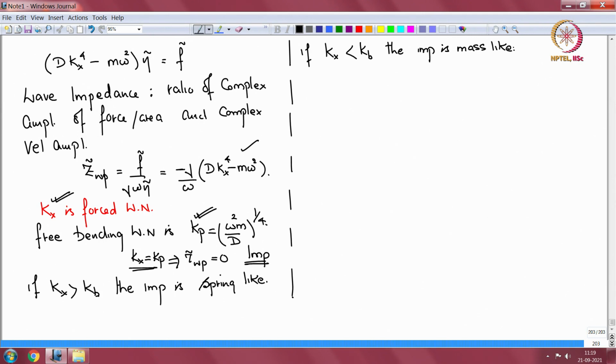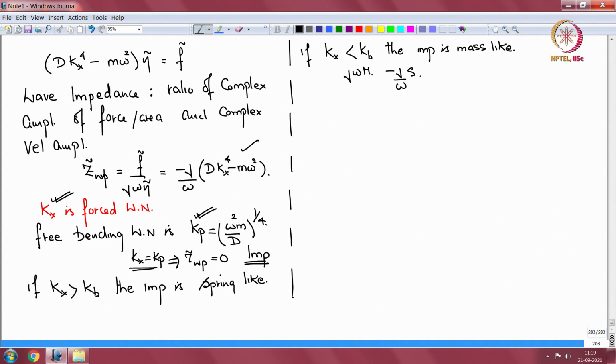Okay, you can check that out. In one case you will get j omega something like m, in the other case you will get minus j by omega spring. You will get expressions like this.